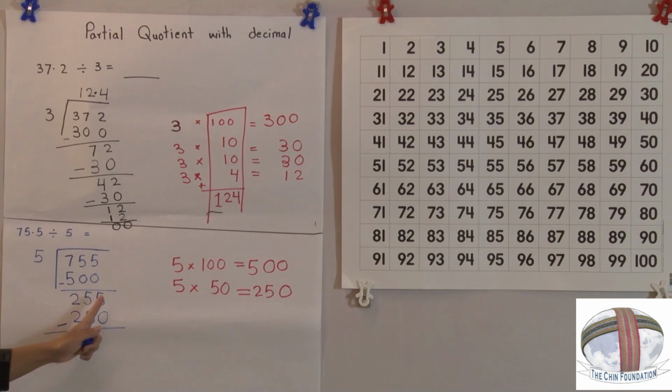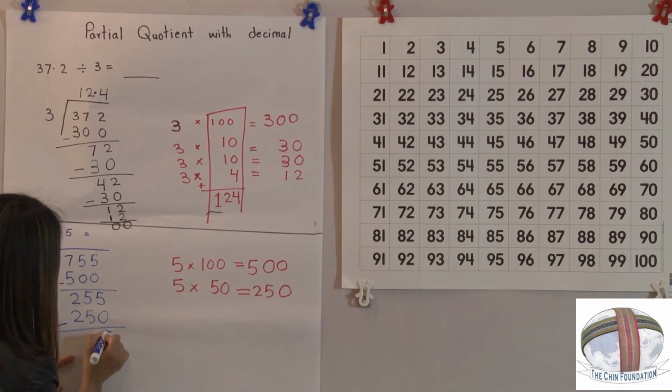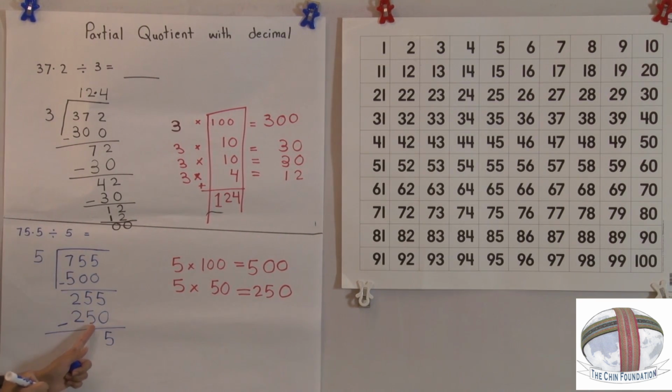Okay, minus. 5 minus 5 is 0. We are not going to put 0. 2 minus 2 is 0. We are not going to put 0, 0 at the front. It's a little weird. So we'll just put 5 as 5. Let's see. Are we done? Do you think we are done?